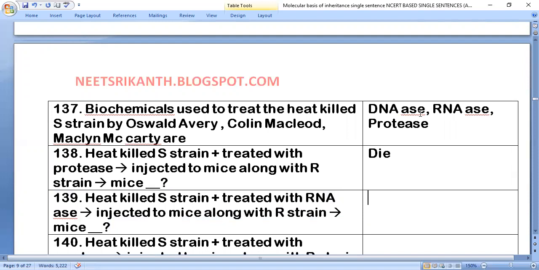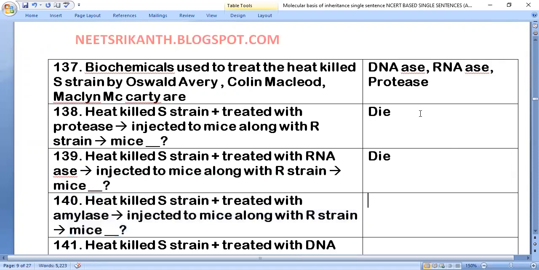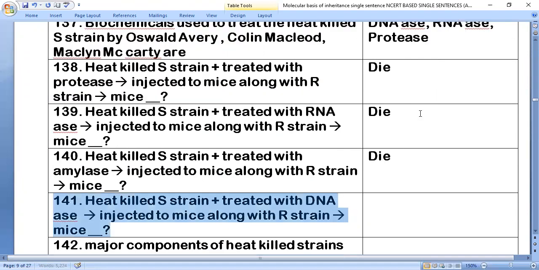Treated with RNase, mice die. Treated with amylase, mice die. Treated with DNase, mice survive.